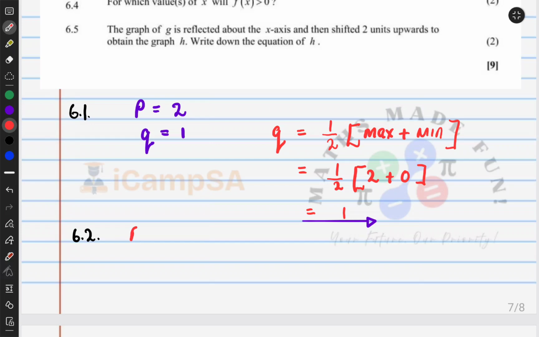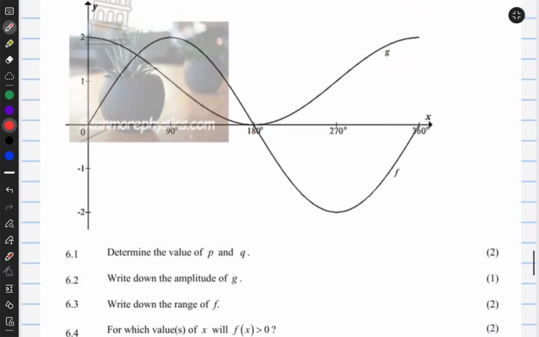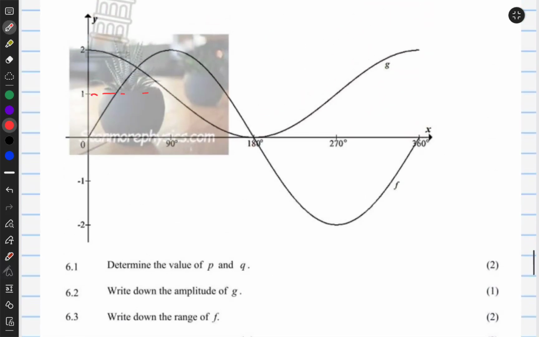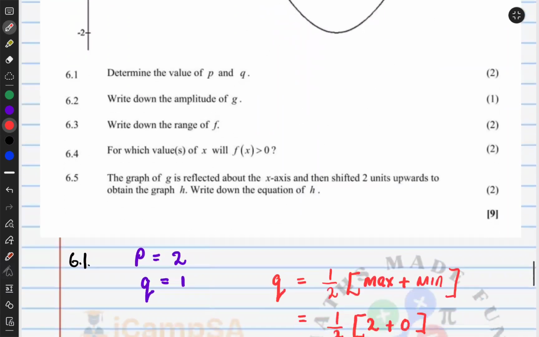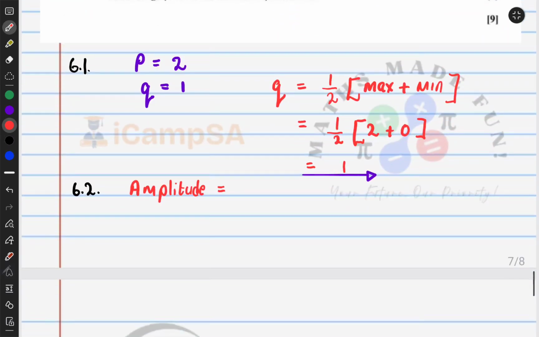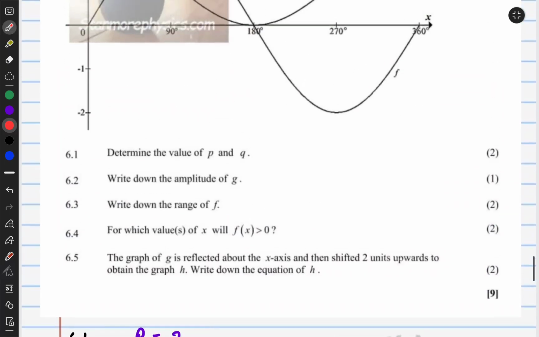Amplitude tells us how far the graph is stretched from the baseline, and it's only stretched 1 unit. If this is our baseline there at 1, and then when we go up from 1 to 2, the maximum value is 2, so we only go up 1 unit. So the amplitude of g is equal to 1.